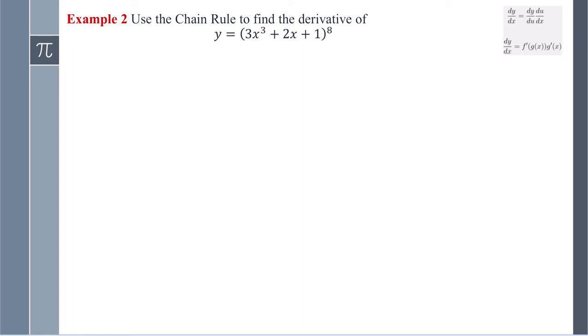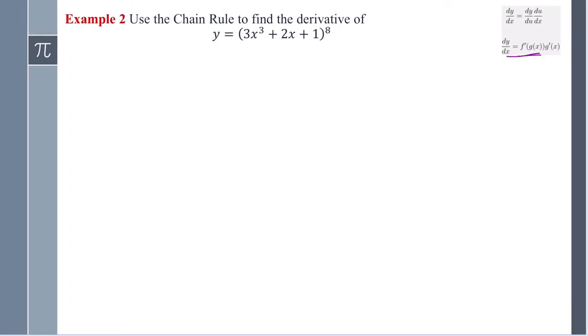So now let's go ahead and use this second version of the chain rule. So this gives us dy over dx equals, again, this is the inside function, which is this long polynomial function, and the outside function is just this power. So we can write this as, the derivative of something raised to 8 is 8 times something raised to 7.